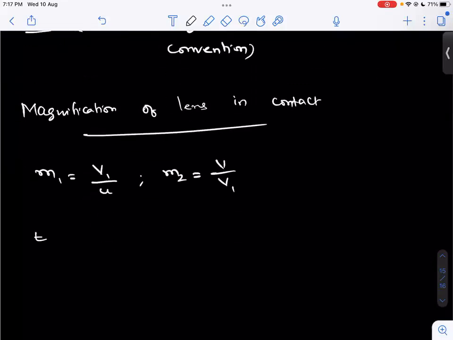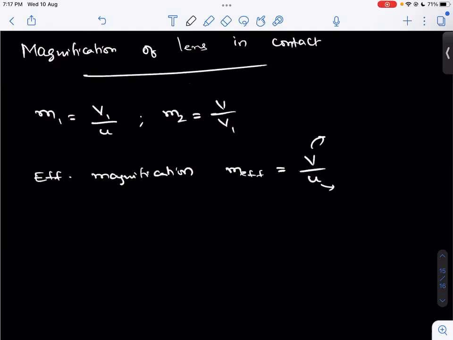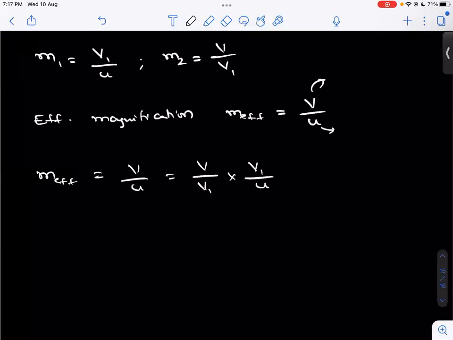And the effective magnification, m effective, is equal to v divided by u, where v is the final image distance and u is the initial distance. So m effective, if I write it as v divided by u, this can be written as v by v1 into v1 by u.